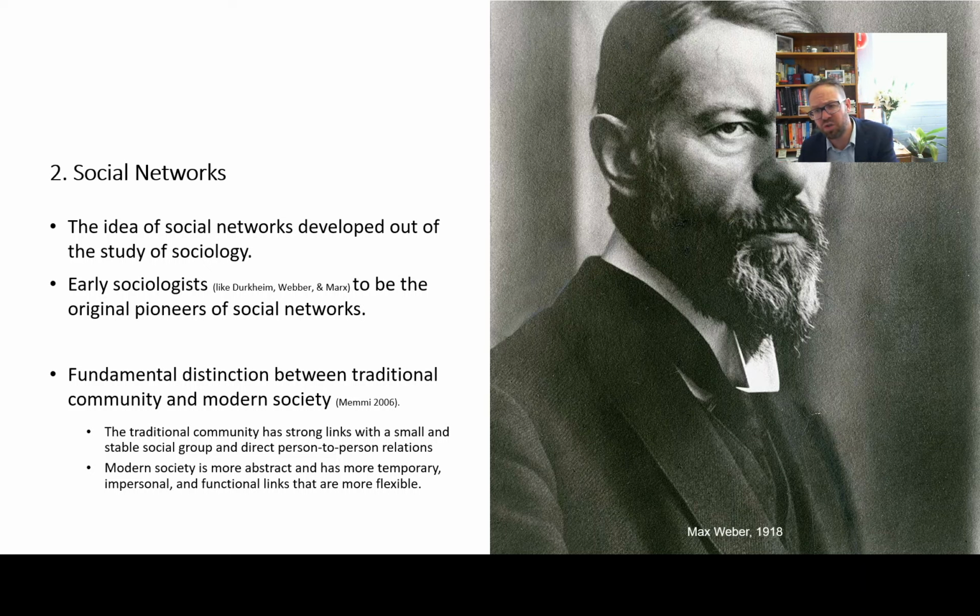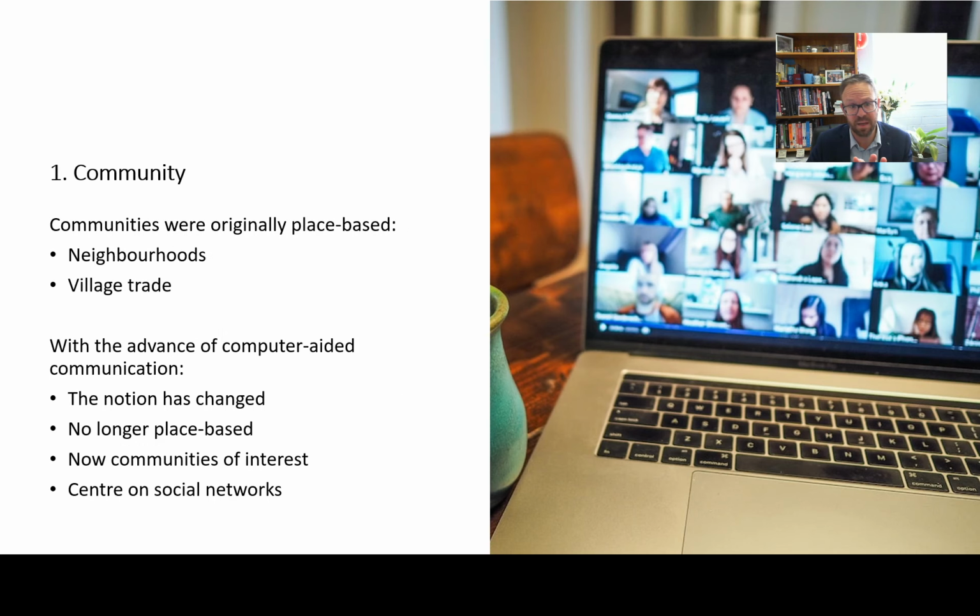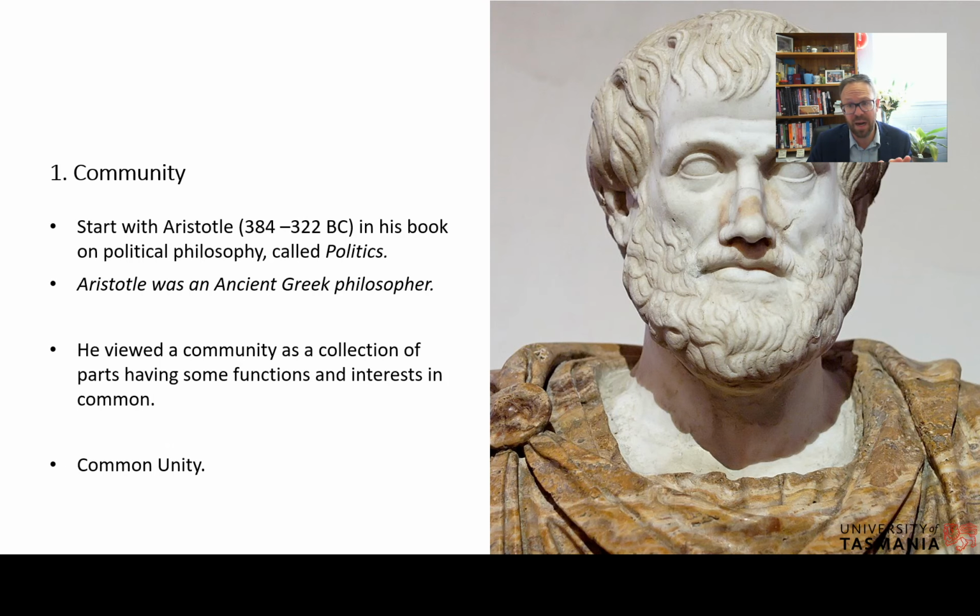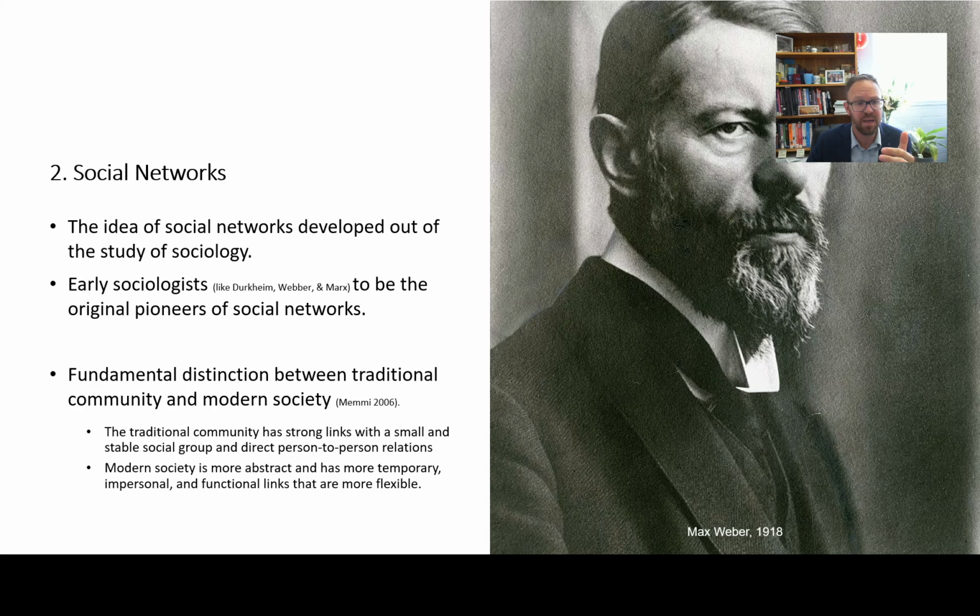So if you look at traditional community, and if we go back to our sense of what, I'm going to go back two slides here, what Aristotle was talking about, where they were a collection of people that have things in common. Go forward again. So they were very strong links because you lived with them and you couldn't escape it, right?